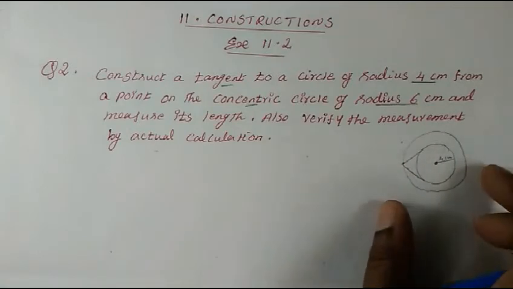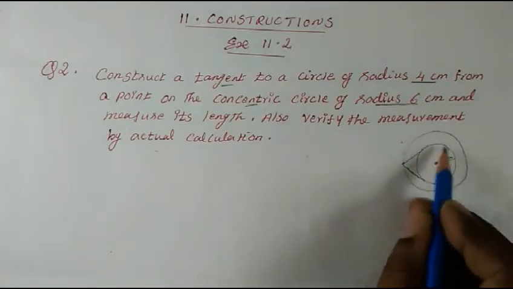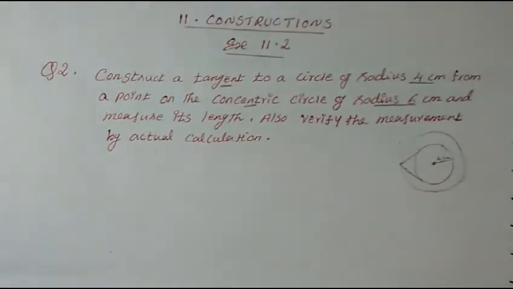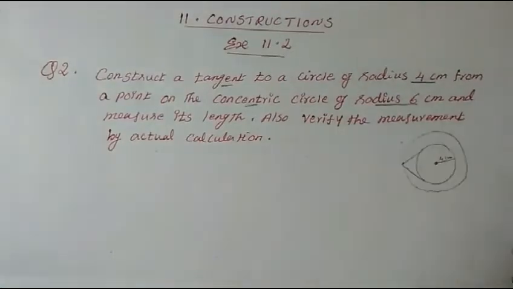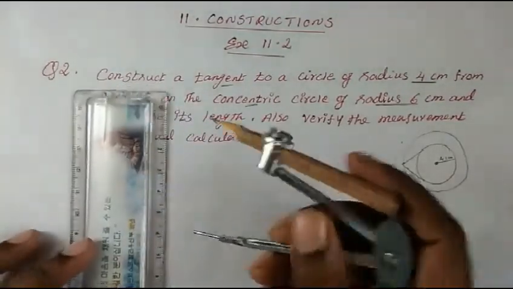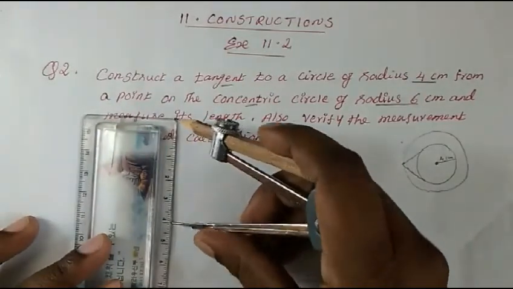Okay, so let's begin. First we will draw the 4 centimeter radius circle. Take the scale and take the 4 centimeter measurement.